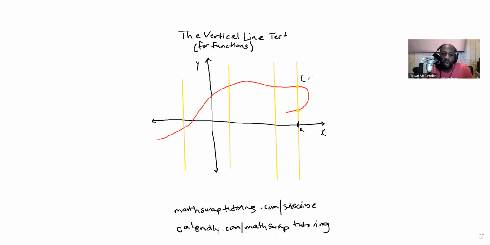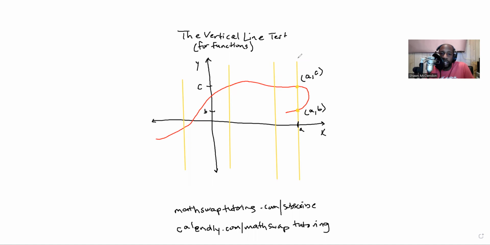This coordinate is (a, c) and this is (a, b). Remember, this is the x coordinate and this is the y coordinate. So that would mean this is b right here, and then this is c. So you cannot have a function here.